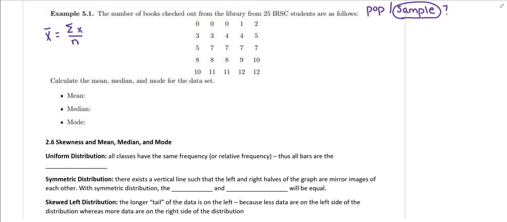So we're going to add all of these values together. I'm going to go ahead and grab a calculator, pull it in here.